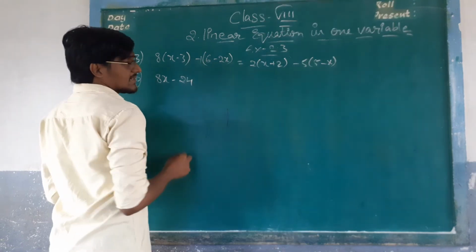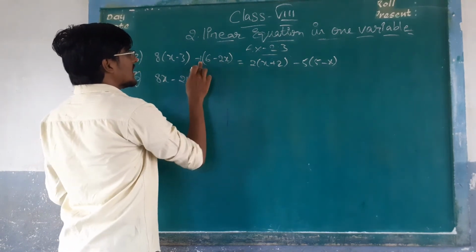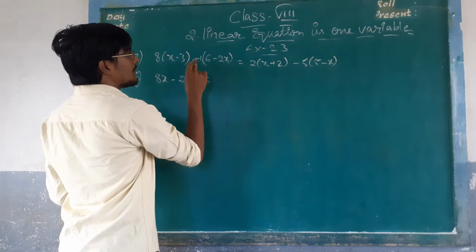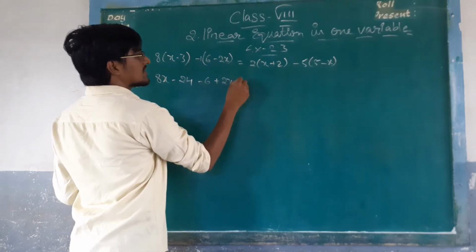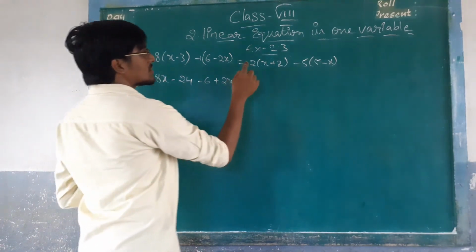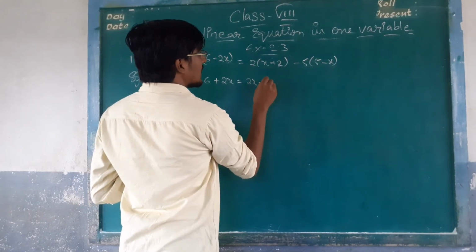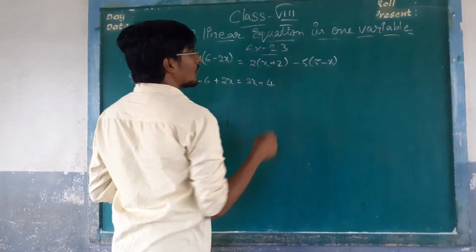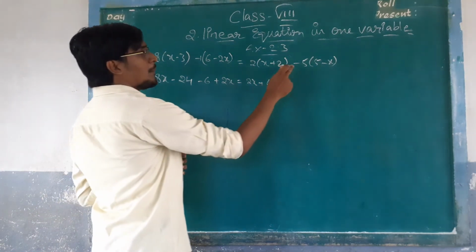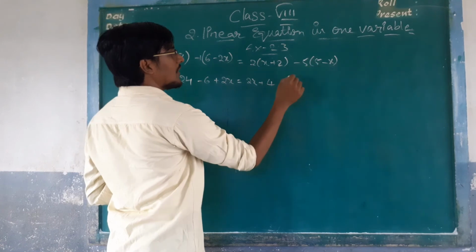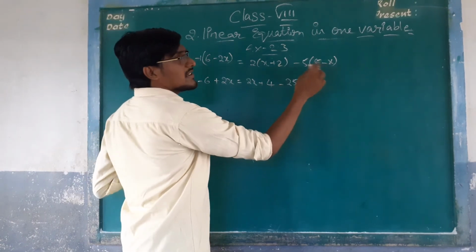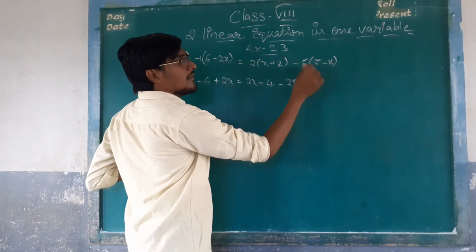Minus 1 into plus 6 will become minus 6. Minus 1 into minus 2x becomes plus 2x, equal to. Next, 2 into x is 2x, plus 2 into 2 is 4, and here minus 5 into plus 5, minus 25, minus into minus is plus, 5 into x, 5x.